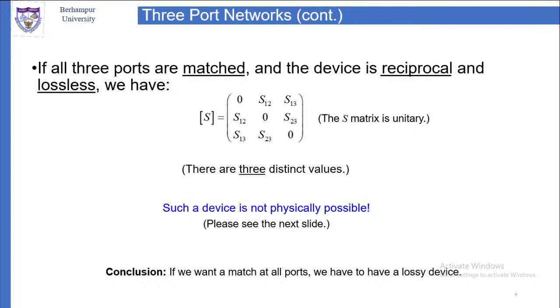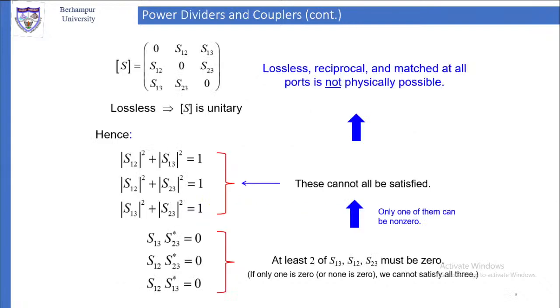But from this, we conclude that if we want to match all three ports, then we have to have either a non-reciprocal device or a lossy device. Here we will have a lossy device instead of a non-reciprocal device. We will prefer a non-reciprocal device.